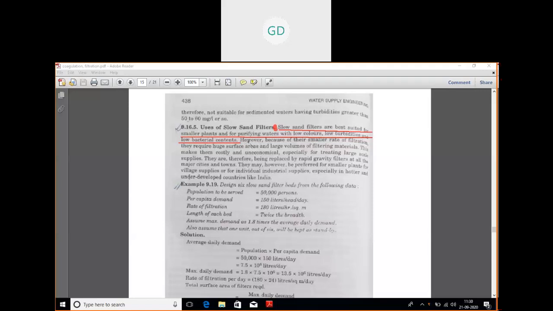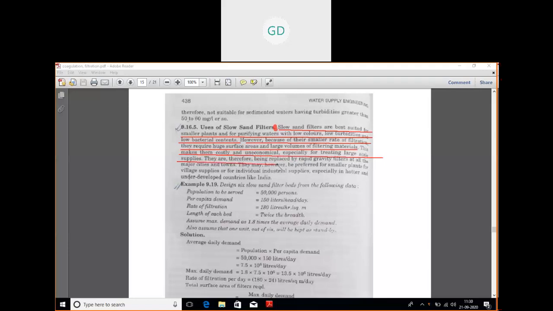However, because of their smaller rate of filtration, as I already said, they require huge surface areas and large volumes of filtering materials, as I already explained. This makes them costly and uneconomical, especially for treating large scale supplies.